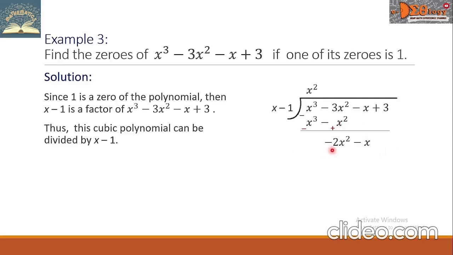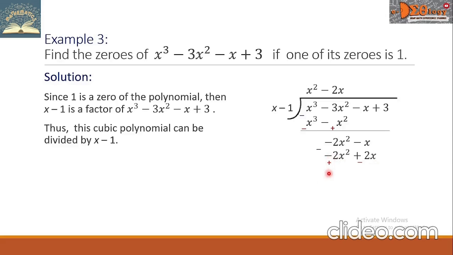We divide negative 2x squared by x. The answer is negative 2x. The negative 2x we multiply to each of the terms of our divisor. So we will have this negative 2x squared, then plus 2x. Then we subtract. We change the sign again of the terms of the subtrahend.